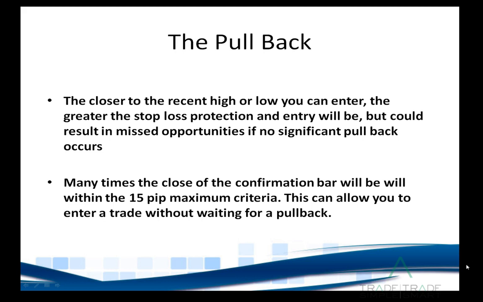So many times the close of the confirmation bar will be within the 15 pip maximum criteria. This can allow you to enter a trade without waiting for a pullback.